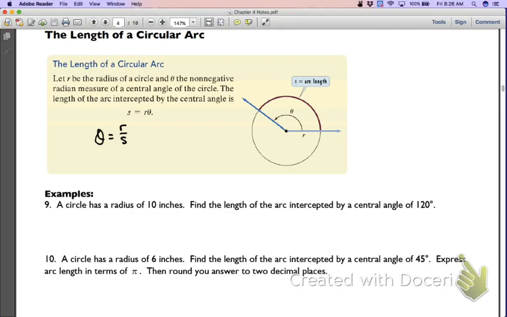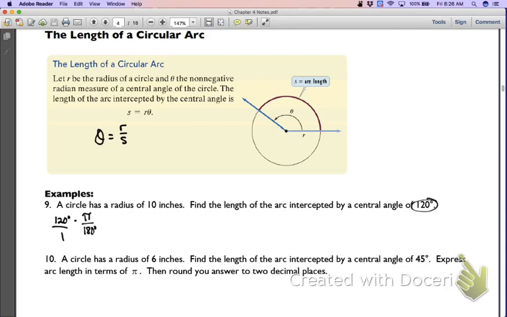So if I have 120 degrees, I need to multiply it by pi over 180, so then I can convert it to radians first.